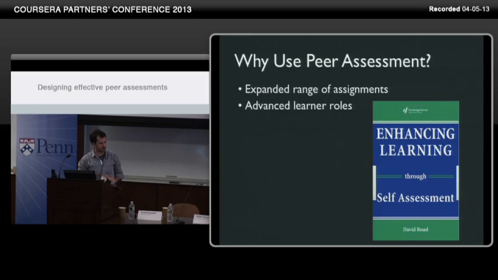Sure. So I'll give a short answer in this panel, and I'll let the others field best too. If this is a topic you're interested in, there's a fantastic book by David Boud called Enhancing Learning Through Self-Assessment. And what we did in our peer assessment system is actually the last step of the process was that you assessed your own work.